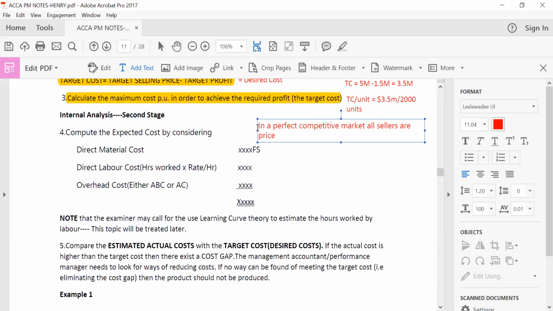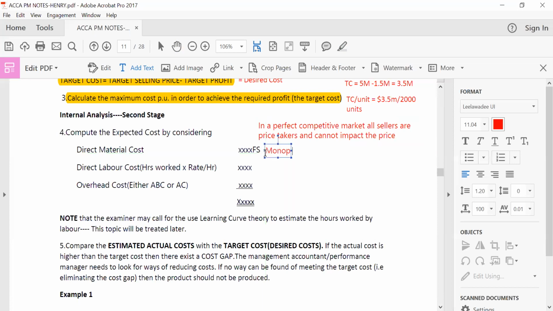In a perfect competitive market, all sellers are price takers and cannot impact the price. So you have to take the price as it is. That is why we say they are all price takers. It is not like a monopoly market where they are price makers.